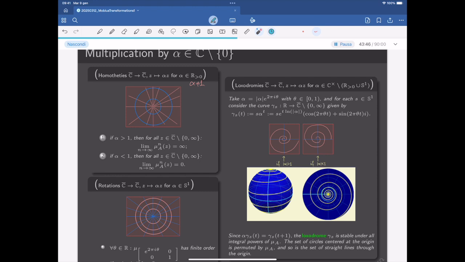Okay. Next obvious observation, each of these two families that I just mentioned foliates C bar minus the fixed points, because the fixed points are 0 and infinity. By foliates, I mean that every point in C bar minus those fixed points lies in exactly one curve of the family.